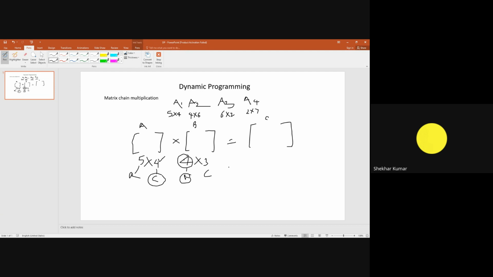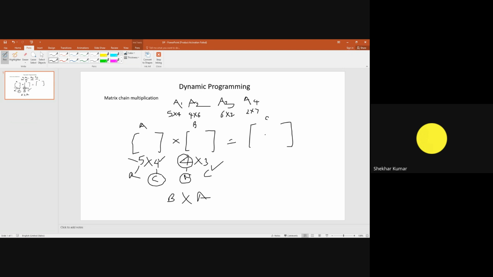So the multiplication is possible. So A cross B is possible if the number of columns in the A matrix is equal to the number of rows in the B matrix. But vice versa is not possible. B cross A is not possible. Why? Because here the number of rows and the number of columns are different.